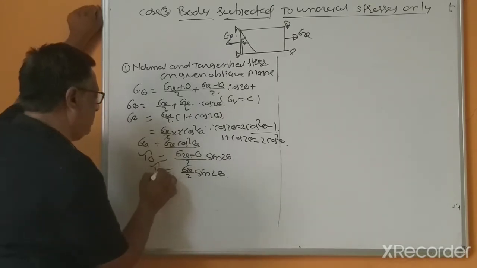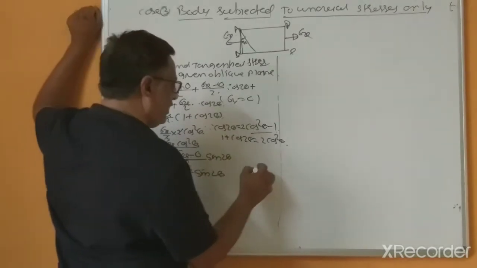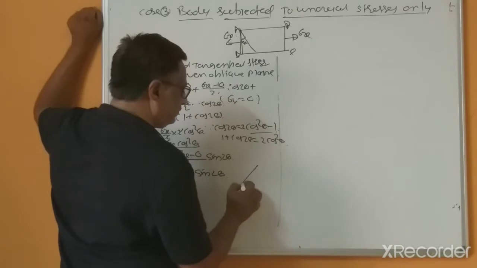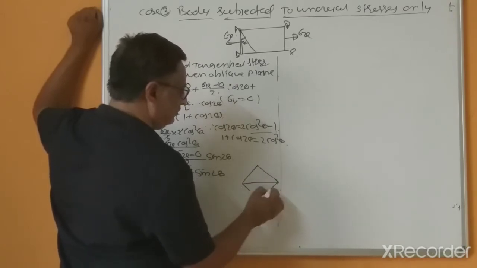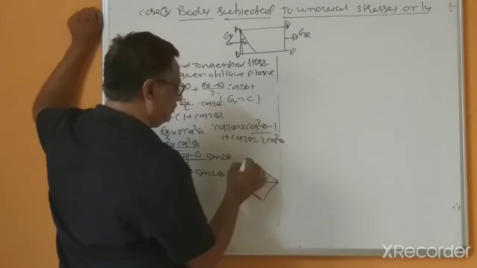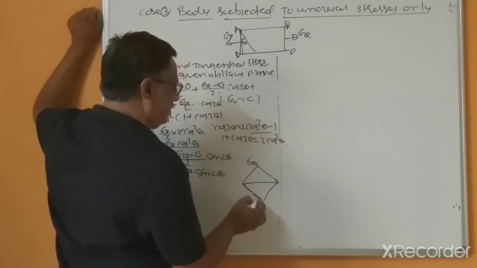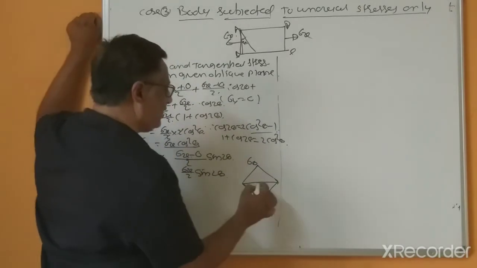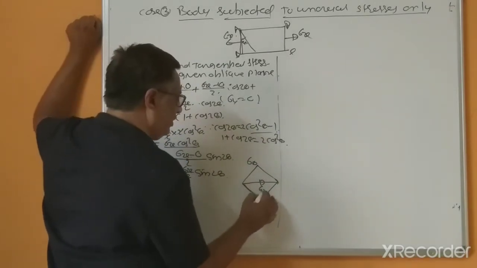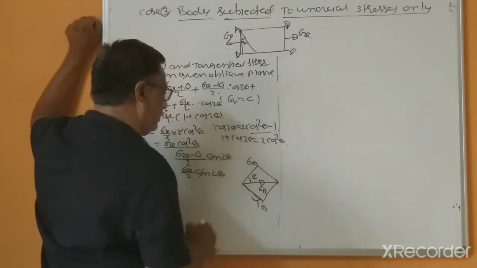Now similarly again, this is normal stress on oblique plane, tangential stress, and this is resultant stress sigma r, and this is phi.